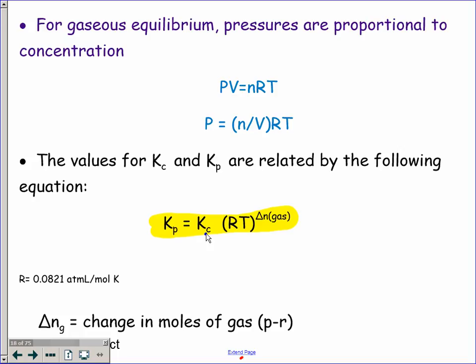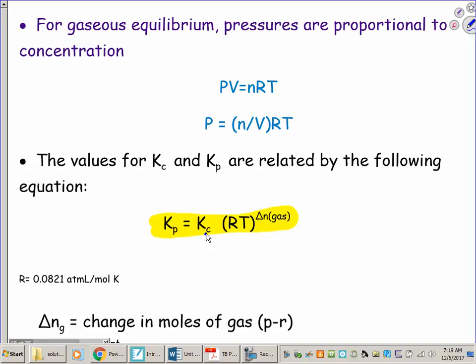So what you'll notice is that this is going to help us convert from a Kc expression to a Kp expression. Kc has what units in it? Moles per liter, or molarity, right? So that's where we use the bracketed concentrations. And then Kp has what units in it?